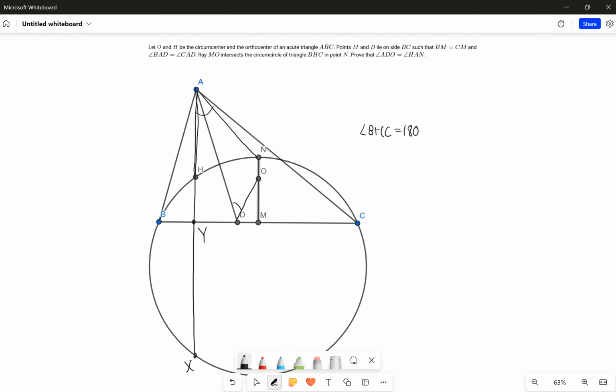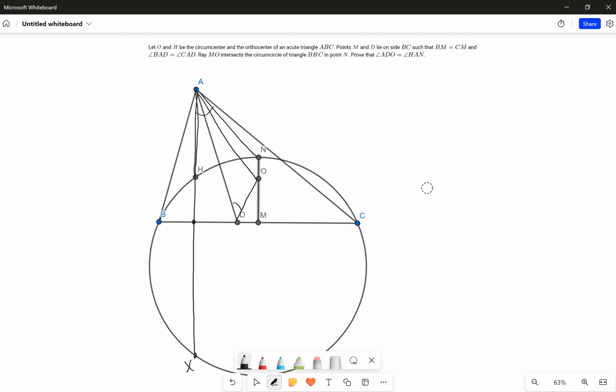So, all right. Now let's see if the point Y will give us similar triangles. If we draw the line AY, or NY, sorry, then angle AYN is much larger than angle DAO. So that won't work.